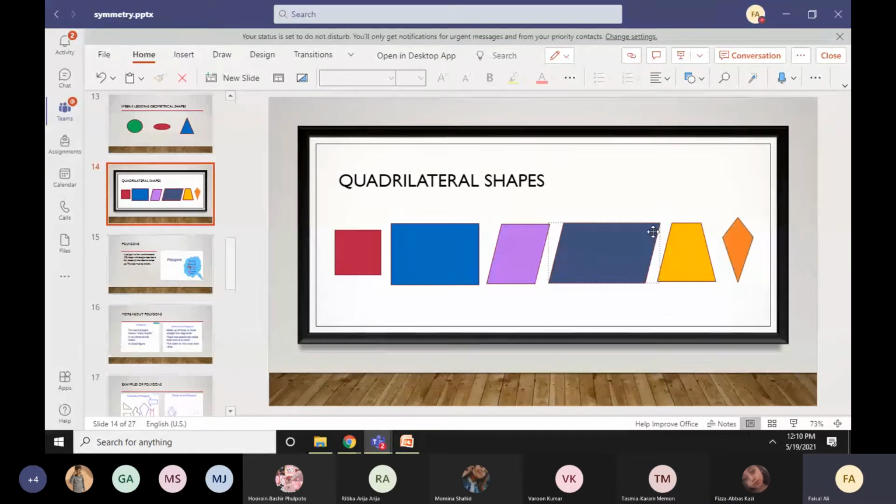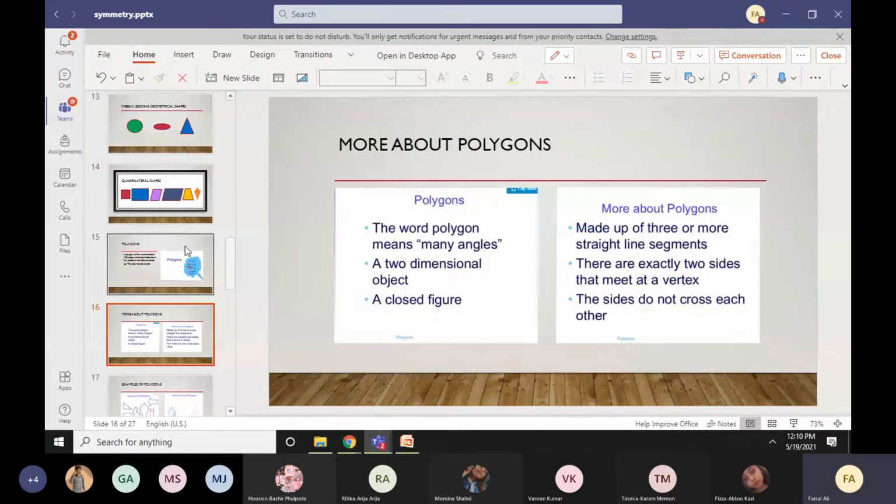And polygons are 2D shapes. The word polygon means many angles. A two-dimensional object, a 2D shape, does not have space inside. Like have you seen the cube or cuboid? These are solid shapes.